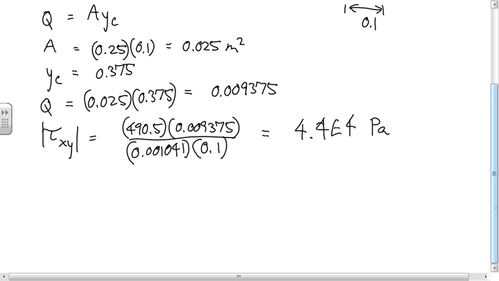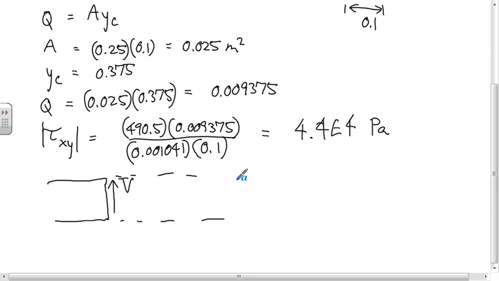So now we have to think about the sign. What direction is the shear force at this point? So at our cut, this is the edge that we're looking at. We have a shear force that's negative, right? So what direction is that shear force? Yeah, exactly.